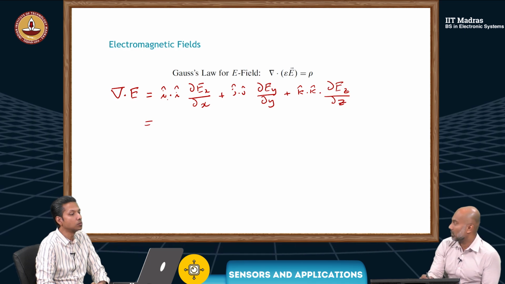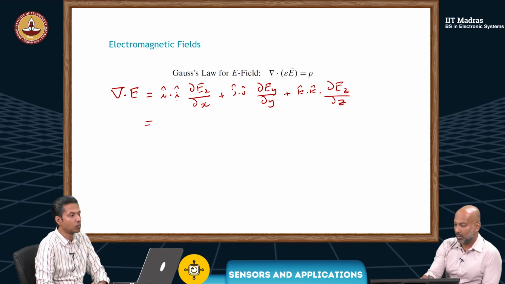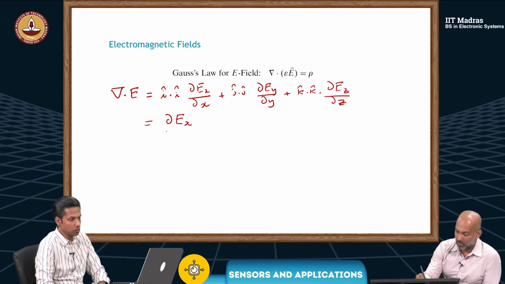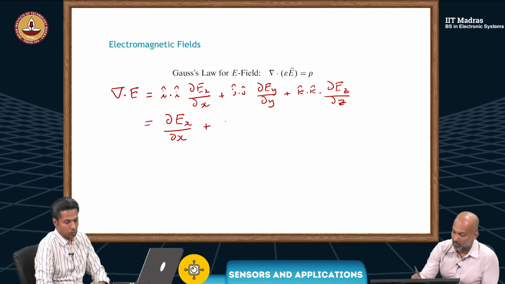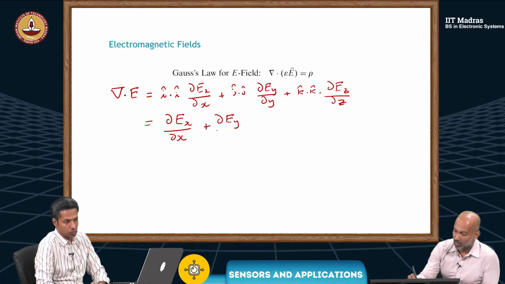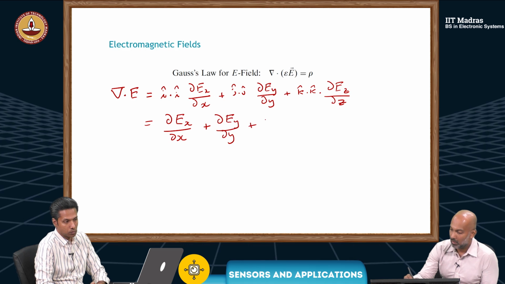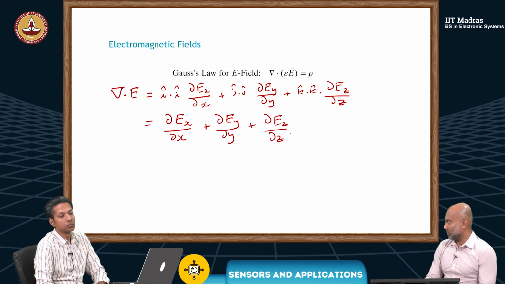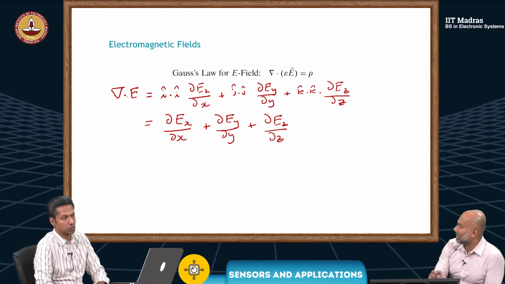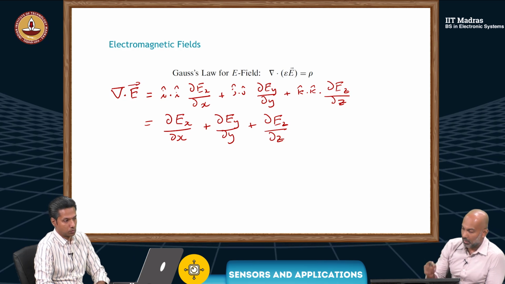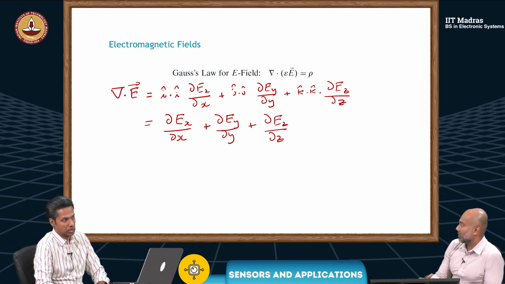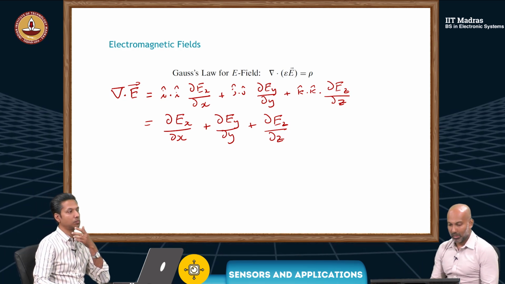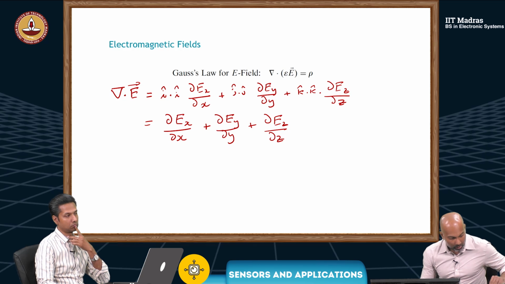Now we know the unit vector dotted with itself is 1, so we are left with del Ex over del x plus del Ey over del y plus del Ez over del z. So this whole del dot E is the derivative of the electric field in 3 different directions. That's what it means.